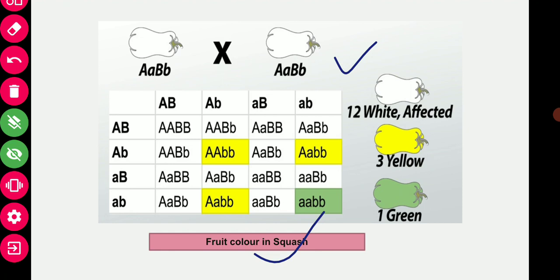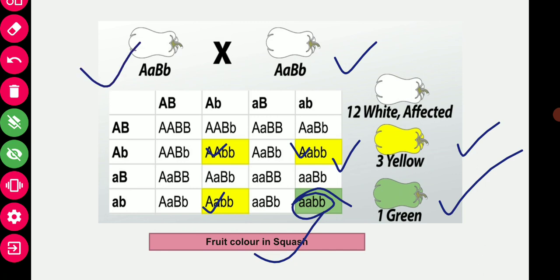Here when the B gene is present in dominant form, it will inhibit the development of color. But when the B gene is recessive and the A gene is dominant, either homozygous or heterozygous, it will have a different color. Here you can see it is yellow color. When both are recessive, then it will have a different color, that is green color. So in this example you can clearly appreciate the action of dominant genes.